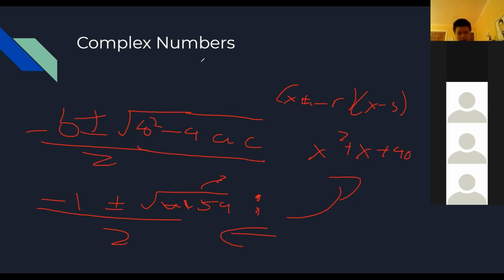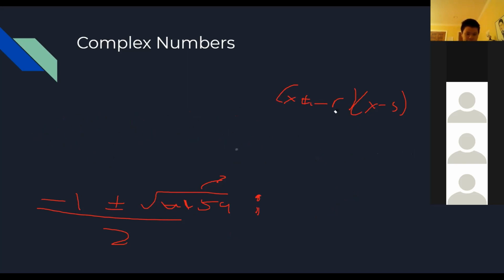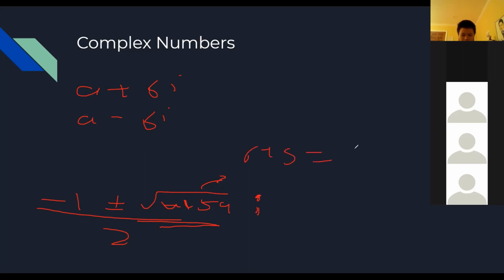Also, an important note on the subject of this, but let's take two similar complex numbers, a plus bi and a minus bi. And this is similar to how this works. Now, as I've talked about before, these are the properties of roots in a quadratic.